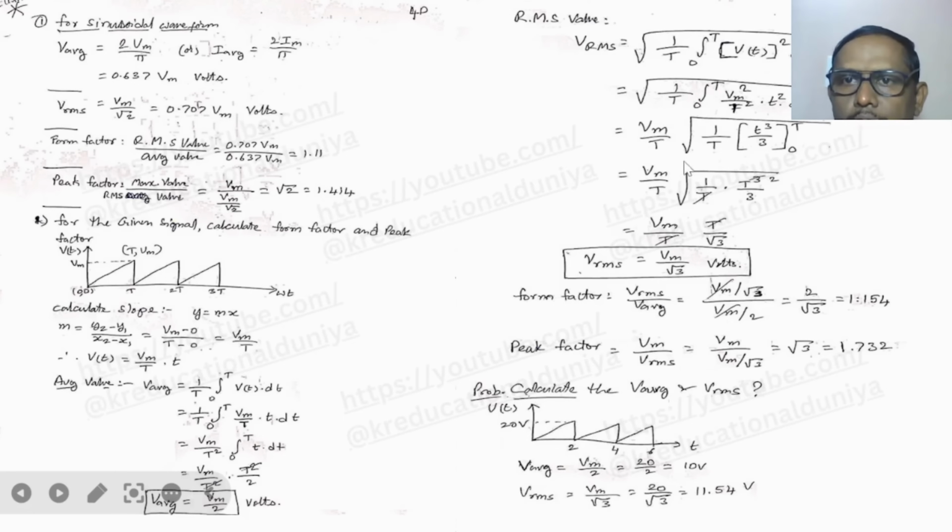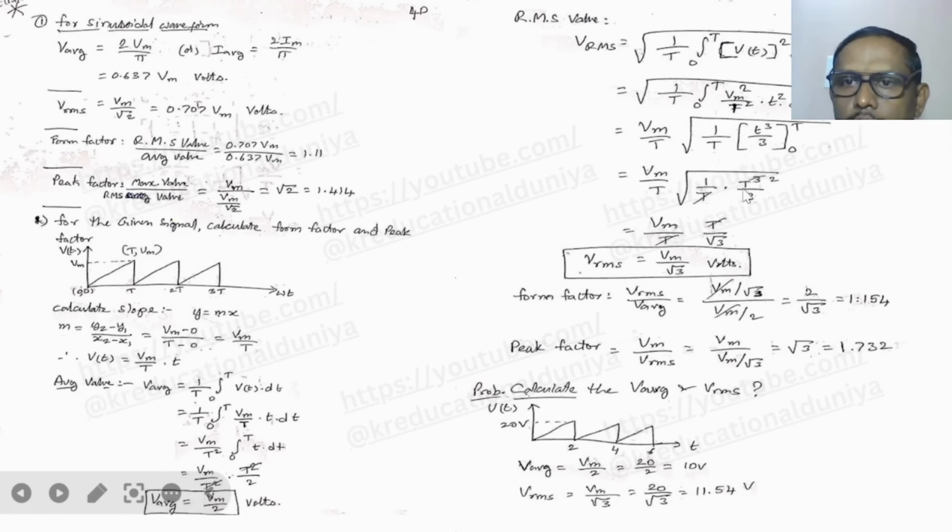So Vm by T under root 1 by T, and here integral t square dt, so t cube by 3. So 1 by T into t cube by 3, and the limits are 0 to T. So if we apply limits, Vm by T under root 1 by T into T cube by 3.